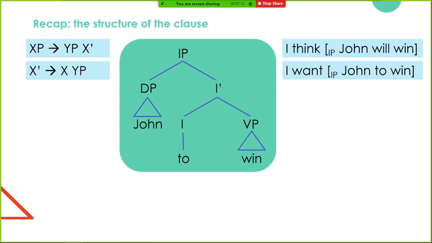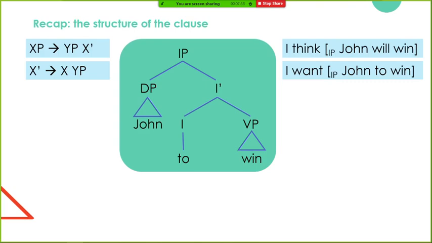And John to win is an infinitival clause because the inflection there is an infinitive kind of inflection. To marks the infinitive clause. And these kinds of clauses can only appear in embedded clauses. That's why we need to have the embedded clause here so that we can compare the two.